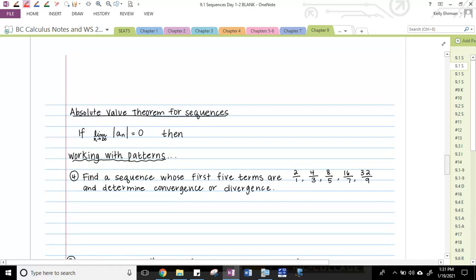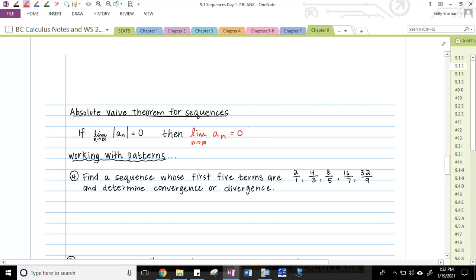All right, this one gets used a lot, the absolute value theorem for sequences. So if the limit as n approaches infinity of the absolute value of a sequence equals 0, then the limit as n approaches infinity of just the sequence itself, without forcing every term to be positive, is also 0.